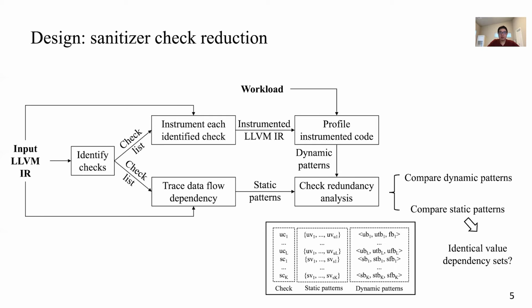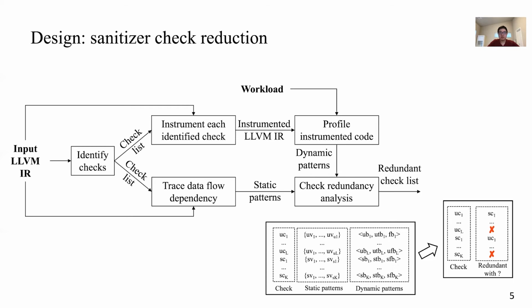We then compare their static patterns. If they share identical value dependency sets, we view them as redundant checks. If 2 checks have both the same dynamic and static patterns, we consider them as a pair of likely redundant checks.